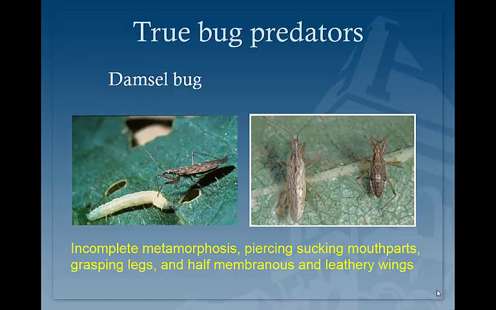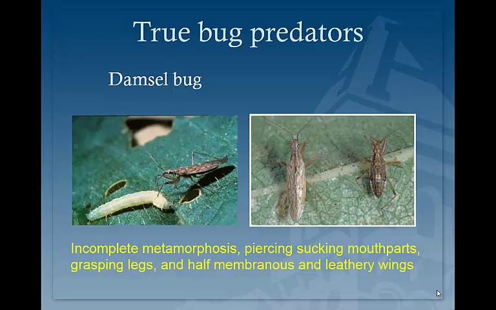Kind of an in-betweener, being a sit-and-wait predator and sort of an active predator. It'll seek out prey. They'll feed on eggs of different types of insects, on aphids, whiteflies, small larvae, large larvae. They're generalists, so they'll feed on a lot of different things. Really good predators, but the main thing is identifying them, knowing which ones are the good ones.